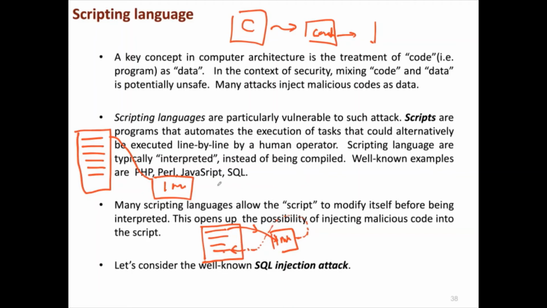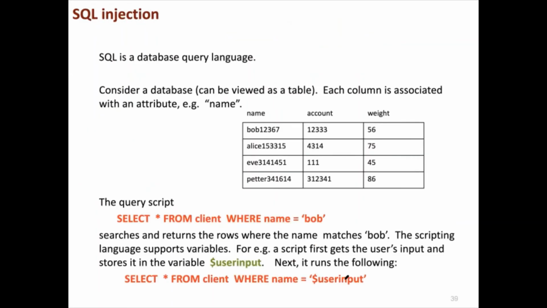A very famous example is SQL injection. SQL is a database query language. A database is actually a set of tables. These are 2D tables, where every column corresponds to an attribute, for example names, account, and weight, and every row is a record.